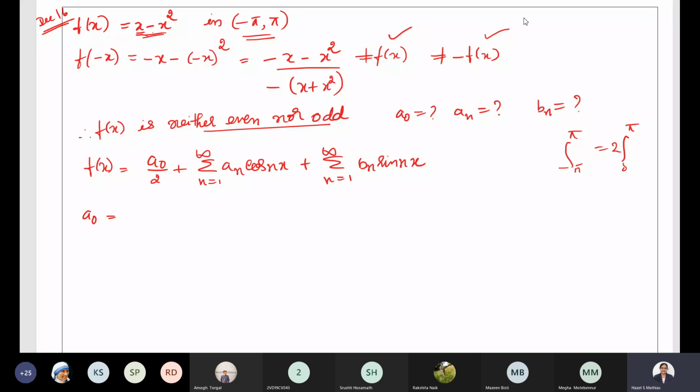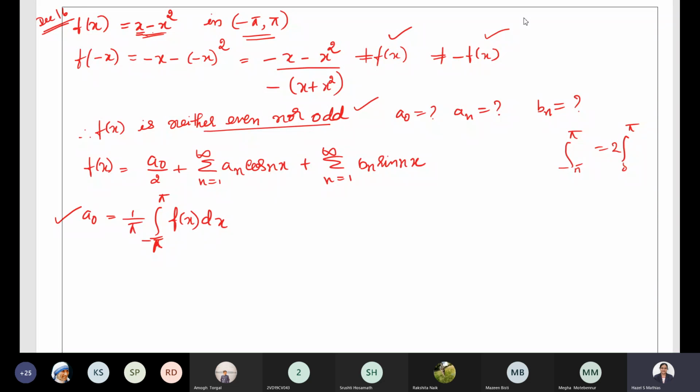This is where you get confused because in the previous example, once we got the function to be even, once we got it to be odd, that time we wrote it as 2 times 0 to pi. But here it is neither even nor odd. That's why our formula is 1 by pi, minus pi to pi, f of x into dx. This is the standard formula.